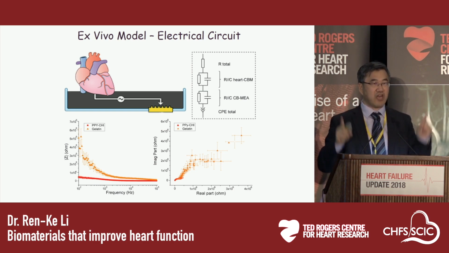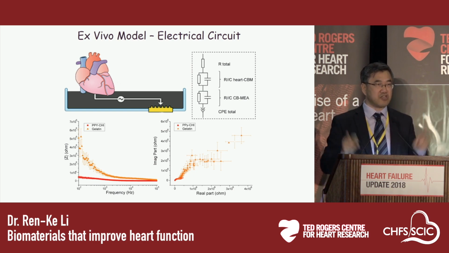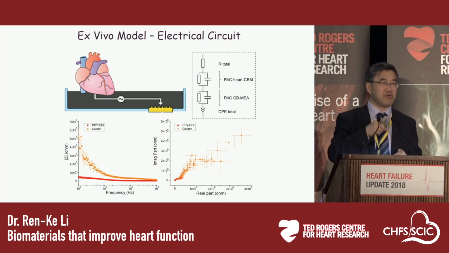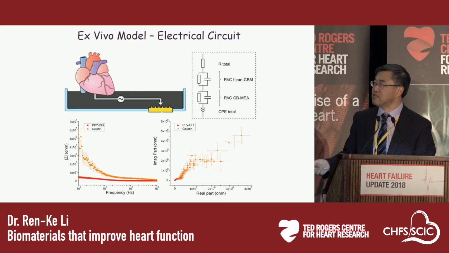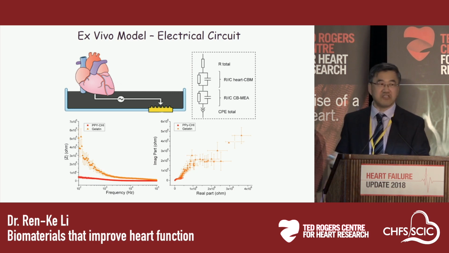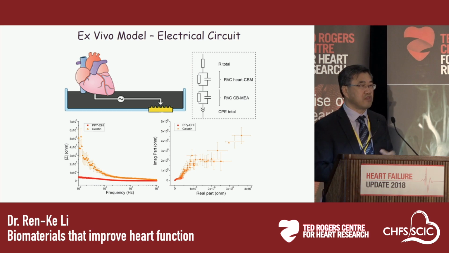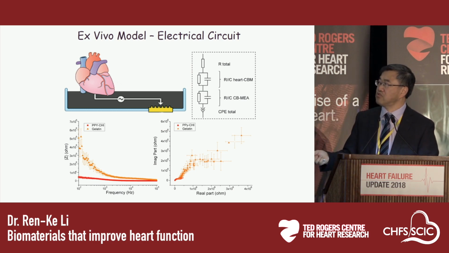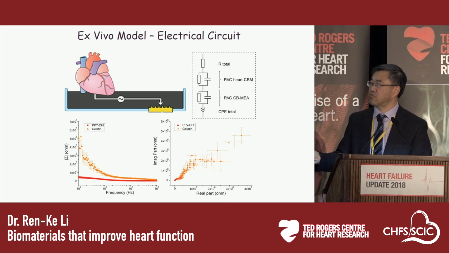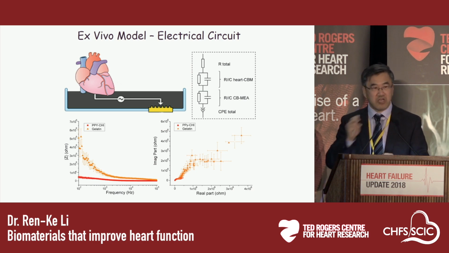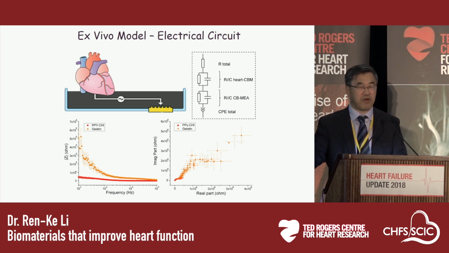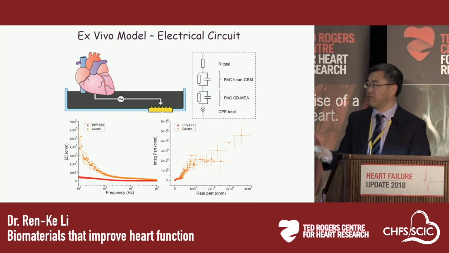What they tell me is this circuit flows really well, and the current can go through. So with this equation, we can prove the biological current can pass through the conductive biomaterial, and pass to the next group of cells.